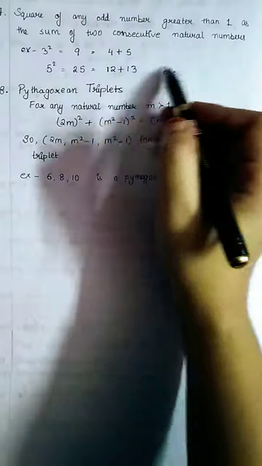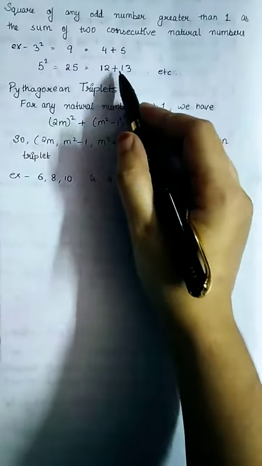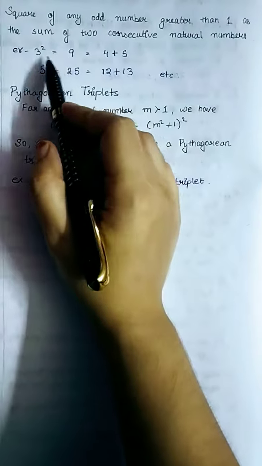The next property says the square of any odd number greater than 1 can be written as the sum of two consecutive natural numbers. When we add 4 plus 5, we get 9, and 9 is the square of 3.